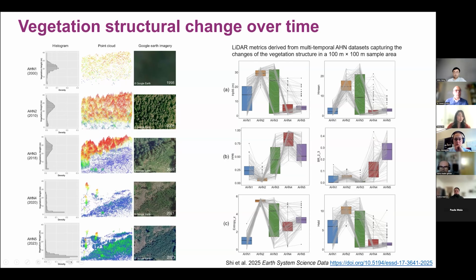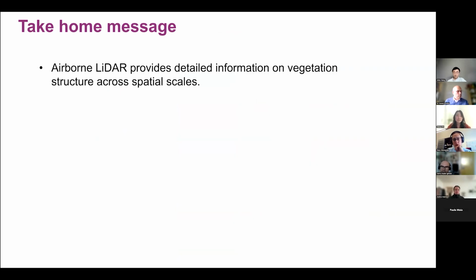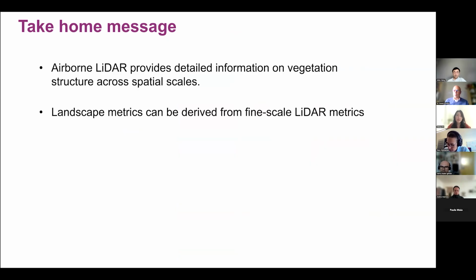So those are the examples I give. Some take-home messages today. First, airborne LiDAR provides detailed information on vegetation structure across spatial scales. Then landscape metrics can be derived from fine-scale LiDAR metrics and can be used for regional or even national modeling.